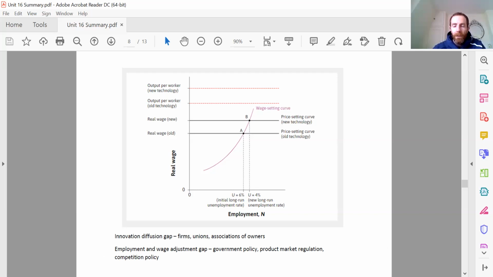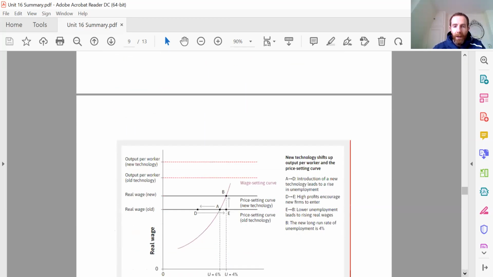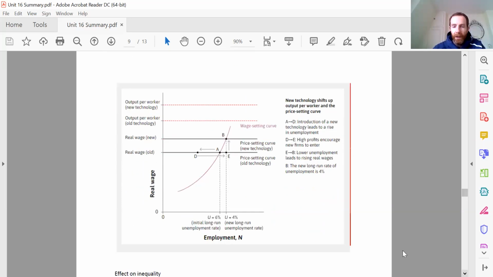But what I want to jump to first is one possible story for how this new technology could lead to the new long run equilibrium that we saw. So let's take the steps that are mentioned here. We start at point A, and initially, the owners of the firm see that they've got this new technology which pushes the output per worker up.